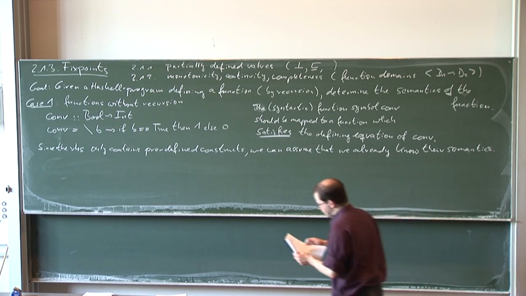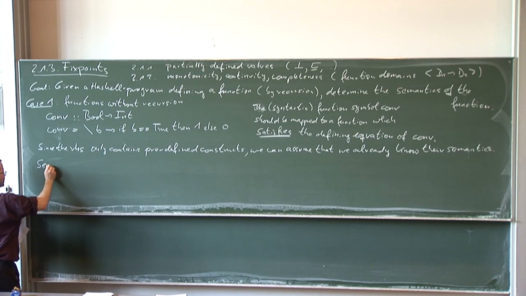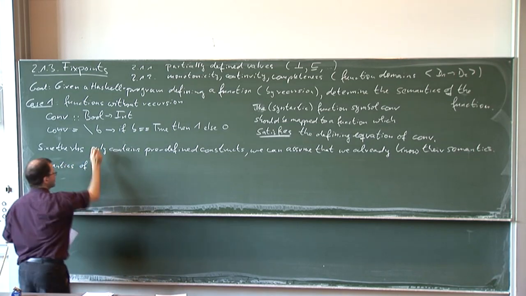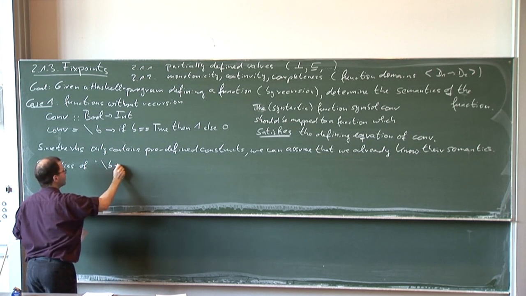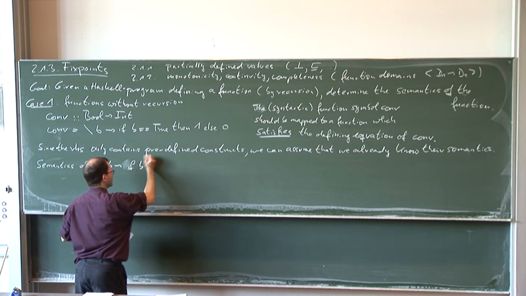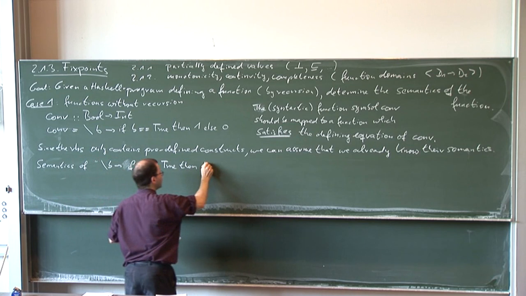Now, what is the semantics of this expression on the right-hand side? So semantics of this thing, so of lambda b arrow, if b equals true, then 1 else 0.